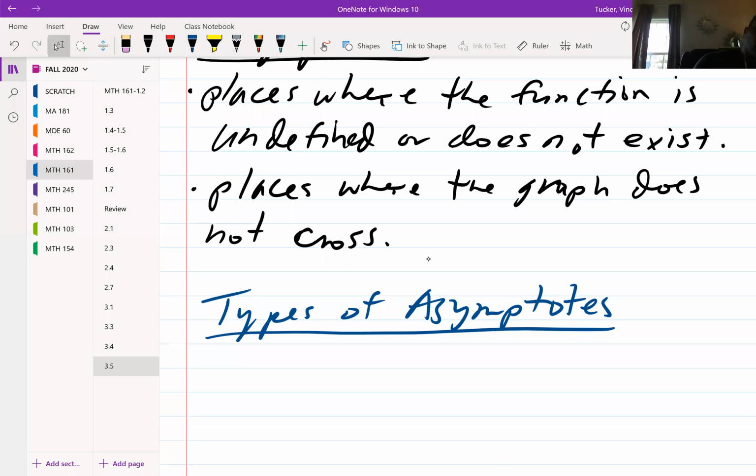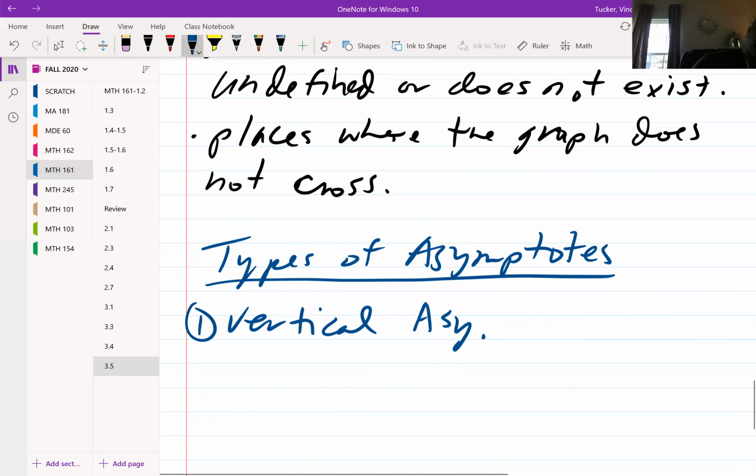All right, so we have vertical asymptotes.